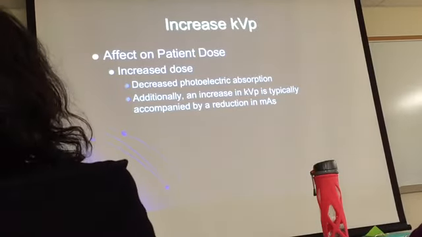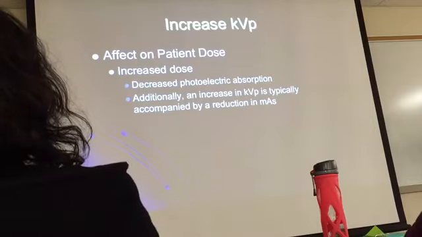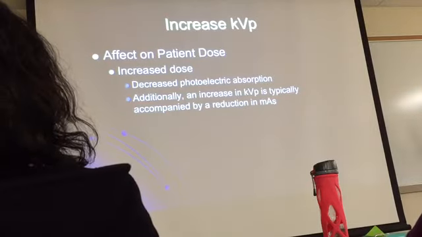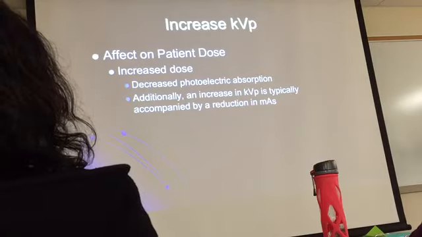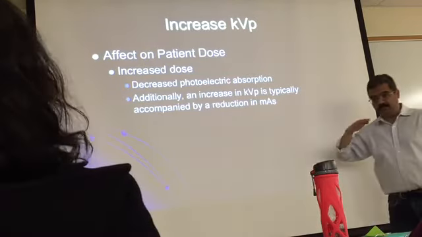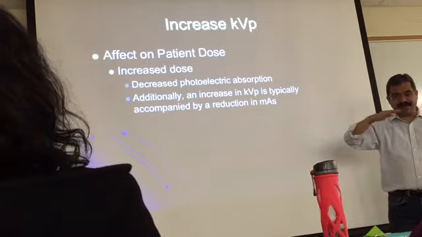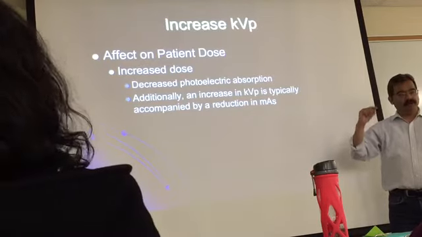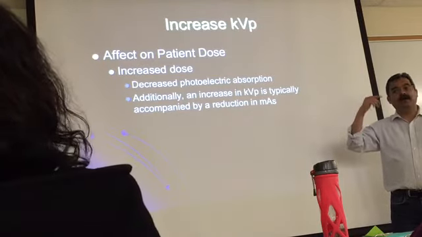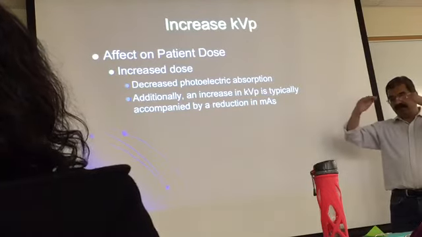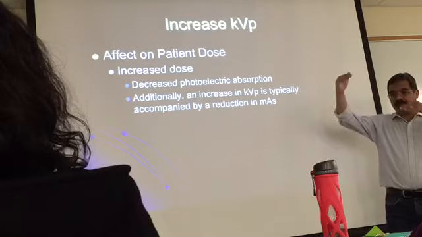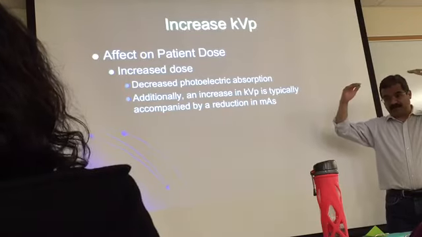It's not that I want to reduce patient dose by increasing kVp. If you increase kVp and everything else remains the same, mAs and distance, you are increasing patient dose. However, you're not increasing it as much as you would with the relative change in mAs to acquire the same density.